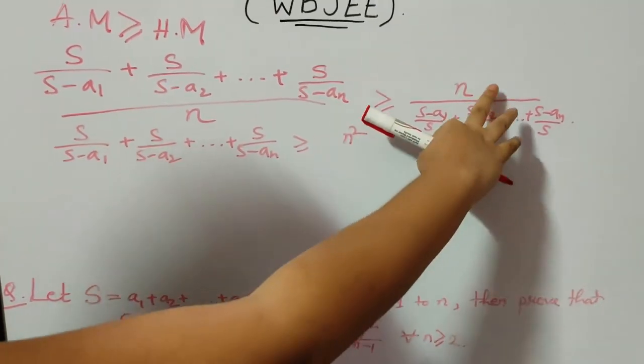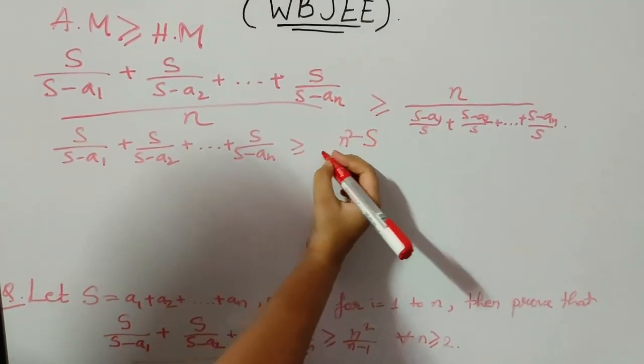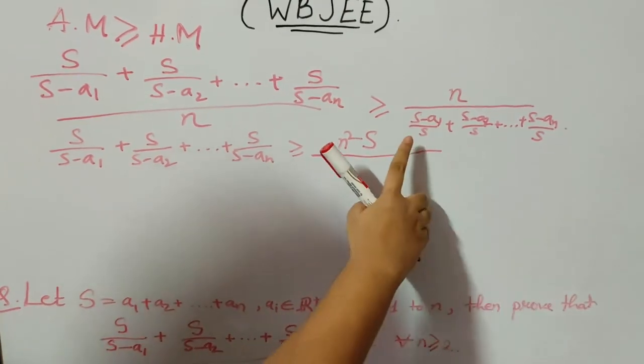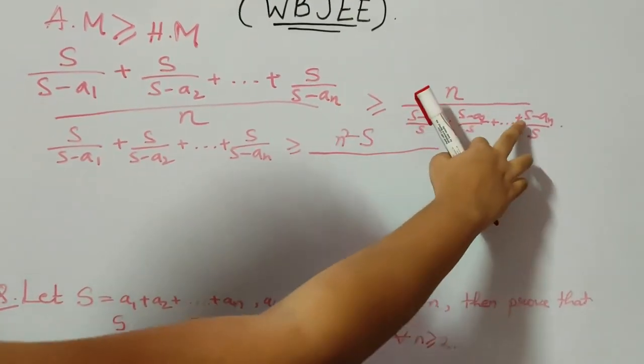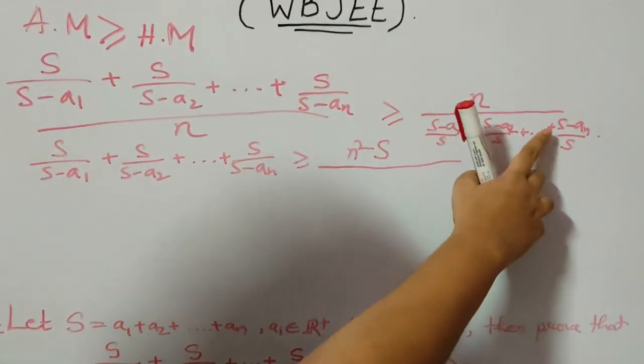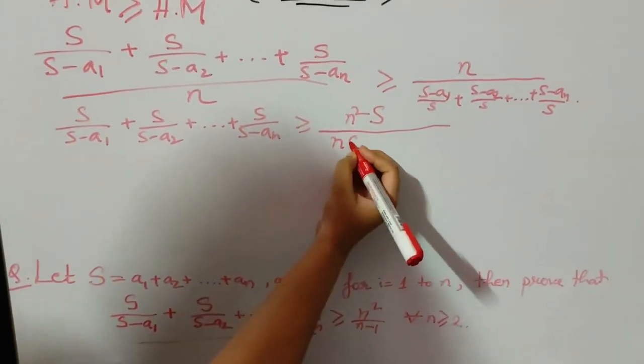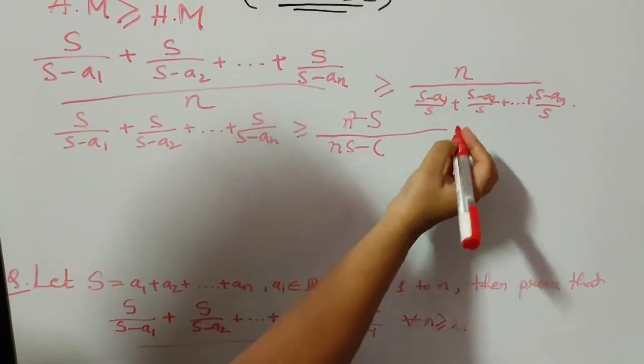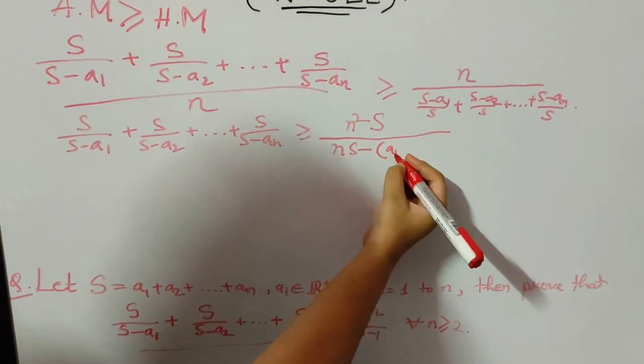Taking the S in the numerator, S divided by, we have this S n times because there are n terms over here, so nS minus a1 plus a2 up to an.